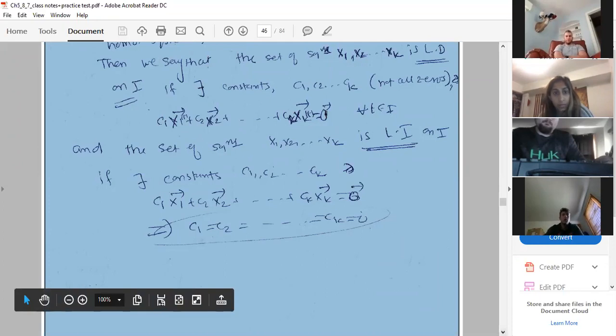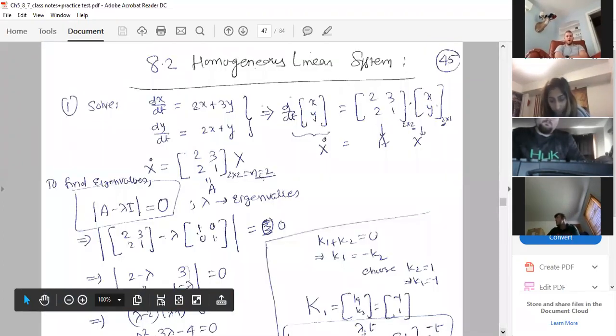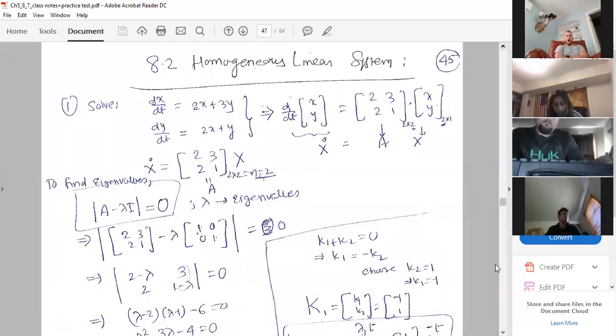So this was just the preliminary, or I would say the introduction, for the system of linear differential equations. And now we are going to start the new article, that is the homogeneous linear system, article 8.2 from your book. We are going to first focus on article 8.2.1 and then 8.2.2. 8.2.1 is based on roots being real and distinct, meaning the eigenvalues lambda are real and distinct.